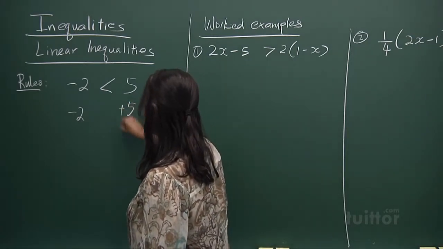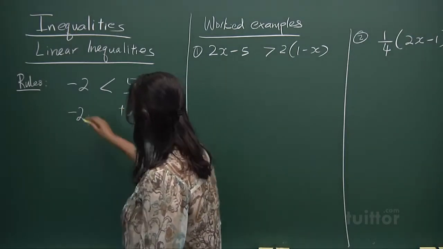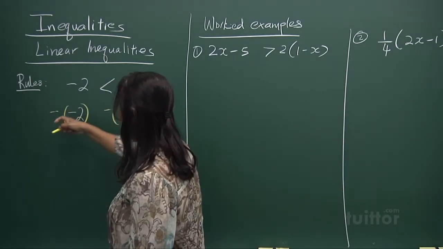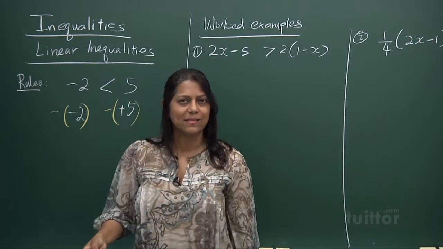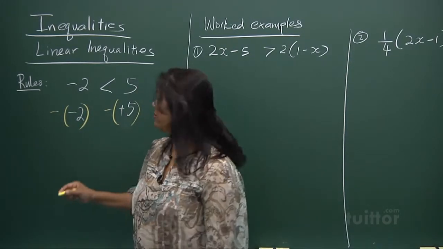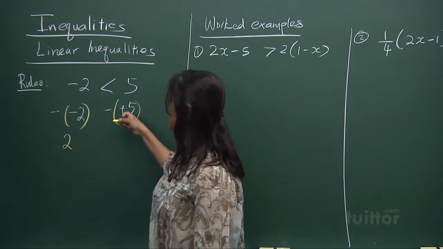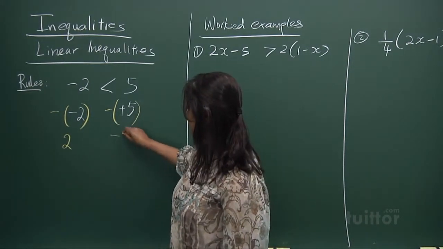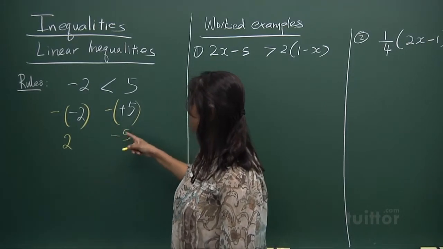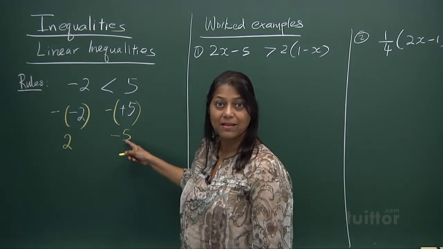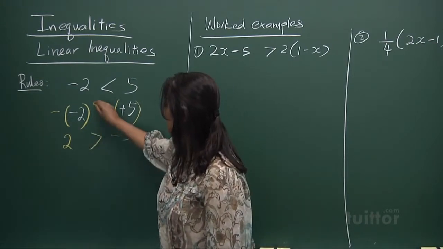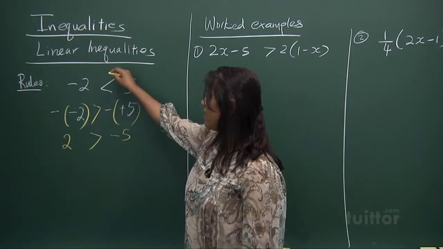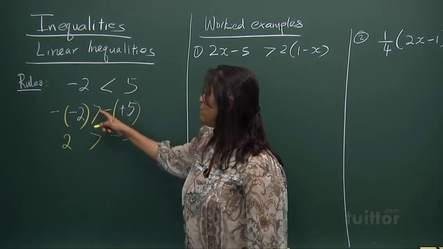If I multiply here with a minus, look at that sign. Minus and minus, what do we get? Plus 2. Excellent. And minus and plus, what do you get? Minus. So this becomes bigger than that. Do you see that? 2 becomes bigger than minus 5. So, the change of sign, smaller to bigger.